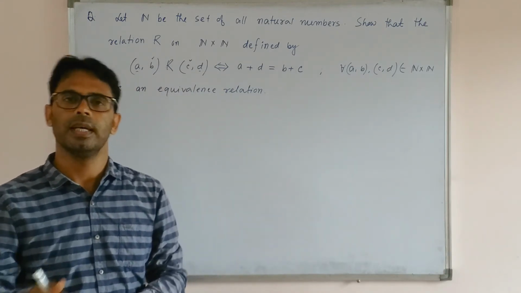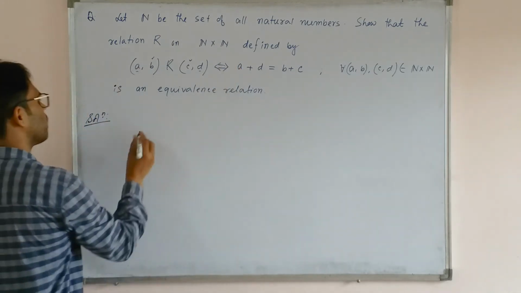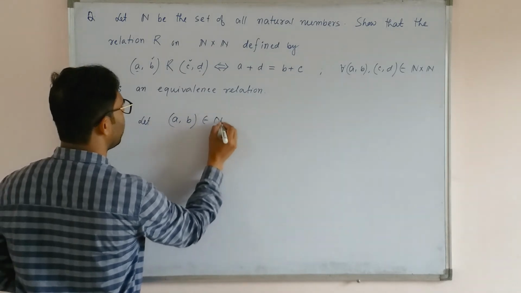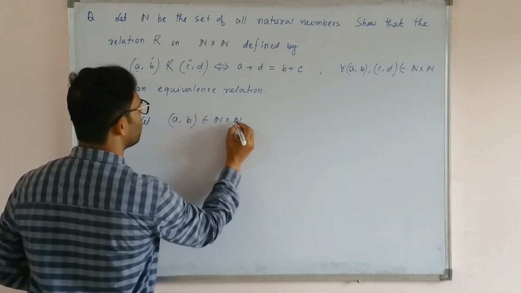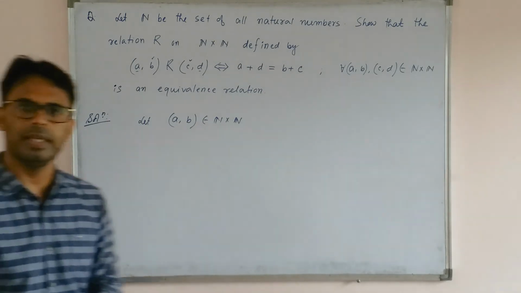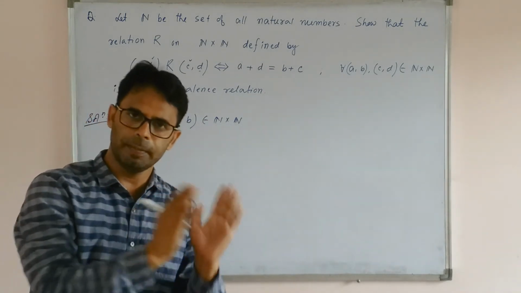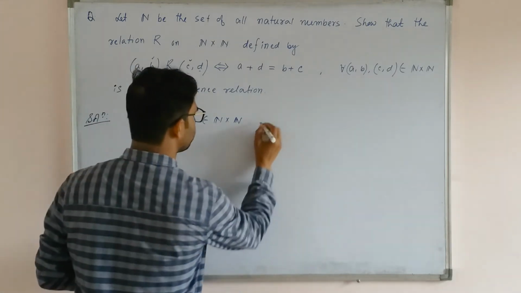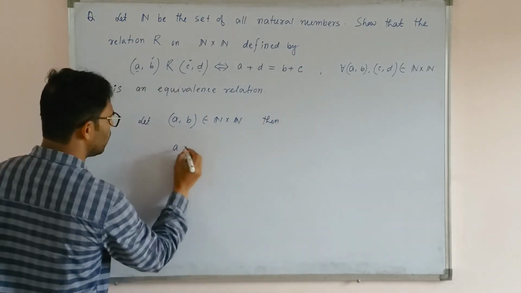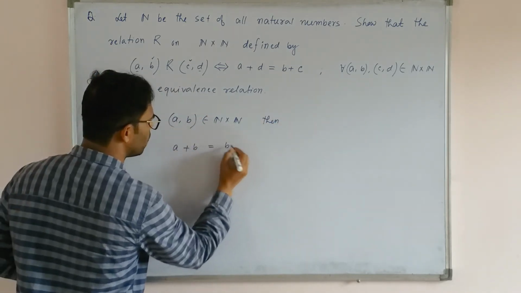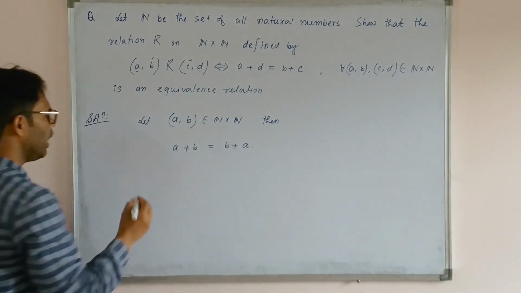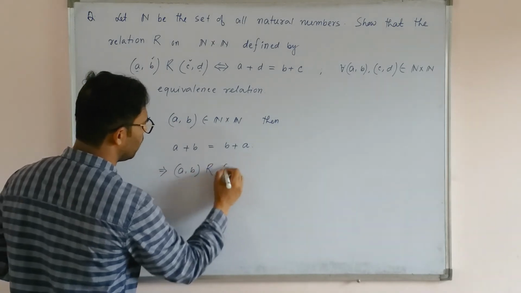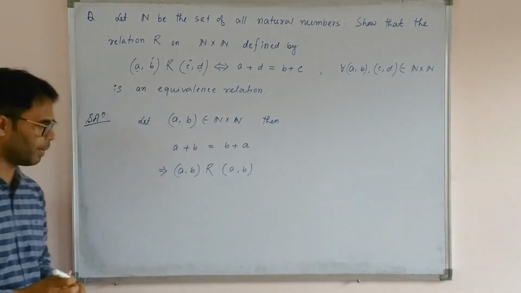Let the ordered pair (a, b) be in N cross N. Our target is to check whether (a, b) is related to (a, b) or not. Here a + b is always equal to b + a, and that implies the ordered pair (a, b) is related to the ordered pair (a, b).